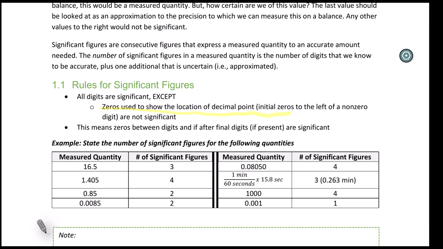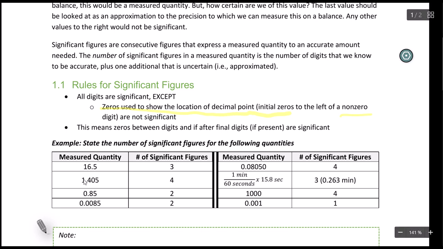That means if you see zeros in front of a decimal point, no matter how many, or to hold a place value, until you see a number that's not zero, those numbers are not going to be significant. Then after that, everything else, including zeros, will be.